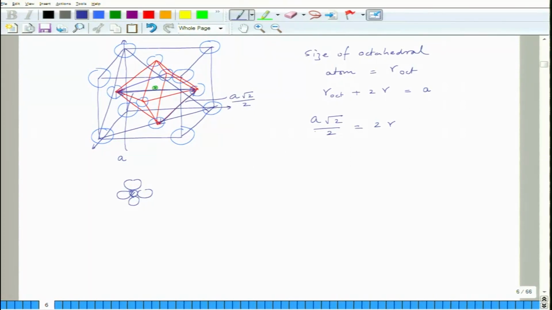So there is a relation, and I can write A to be equal to 2 root 2 into R. So R oct plus 2R is equal to A, okay, so R oct is equal to 2 root 2 minus 2 into R.